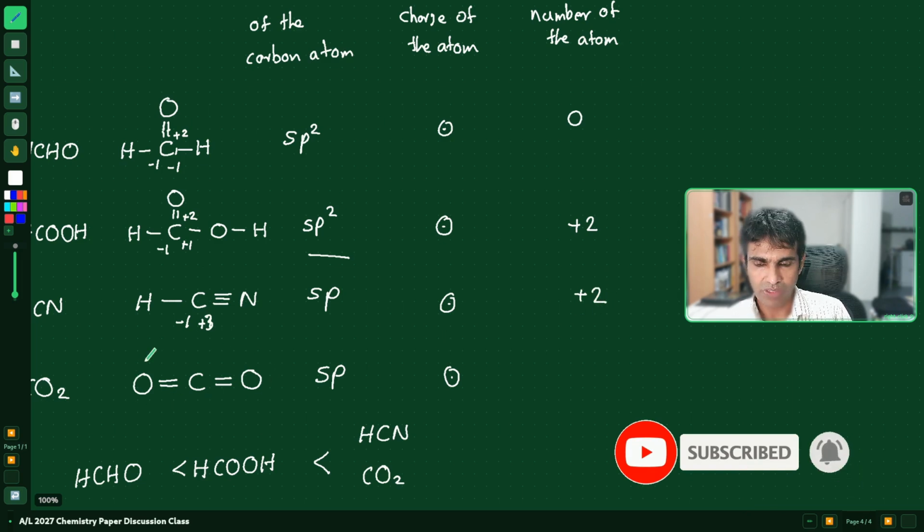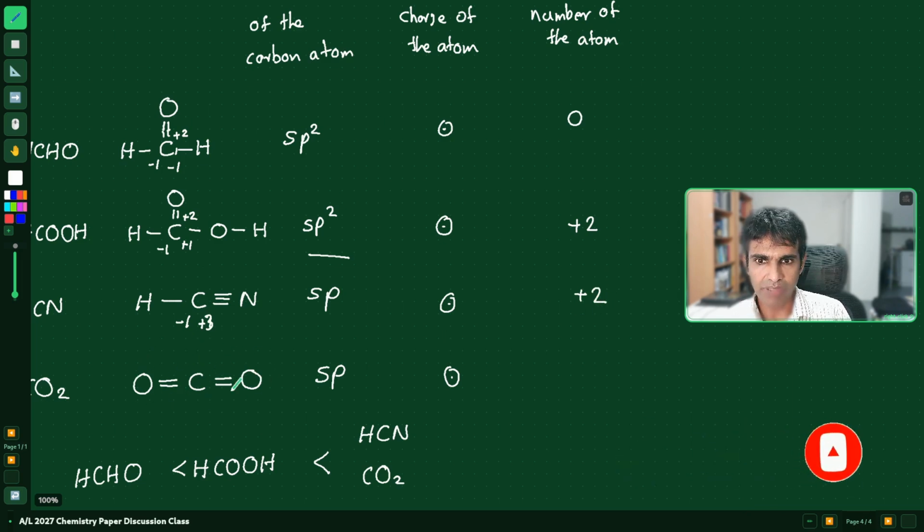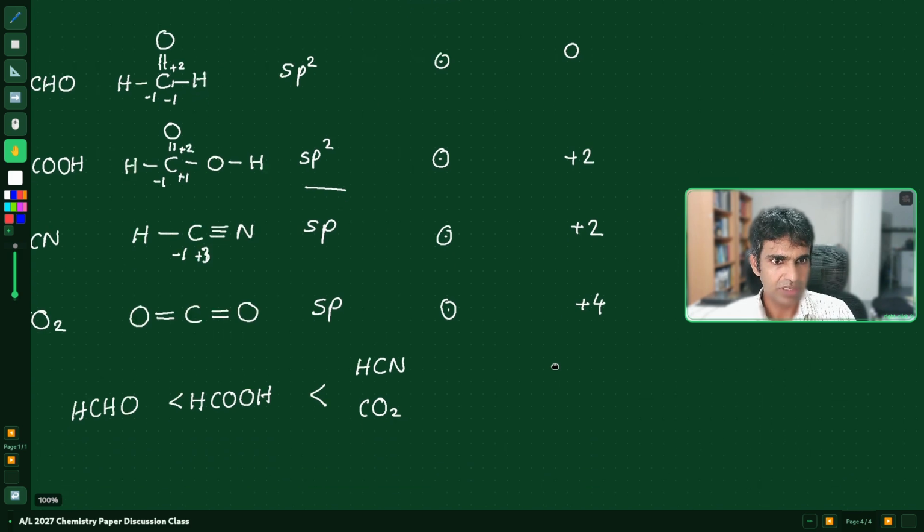So, what is the oxidation number of carbon atom in carbon dioxide? It's +4. So, it's clear that the oxidation number of carbon atom in carbon dioxide is higher than the oxidation number of carbon atom in hydrogen cyanide. Therefore, electronegativity increases in the order of, when we consider the carbon atoms, hydrogen cyanide, carbon dioxide.